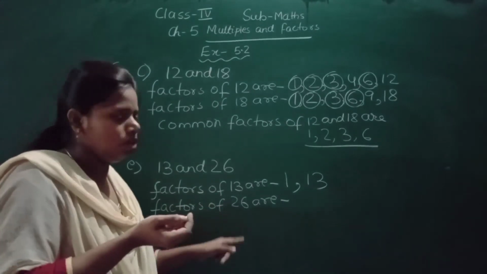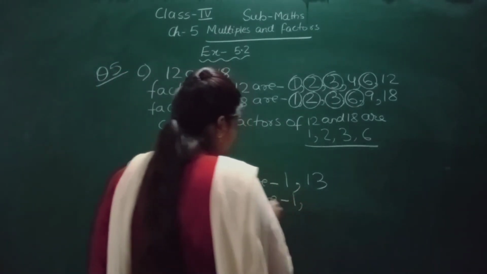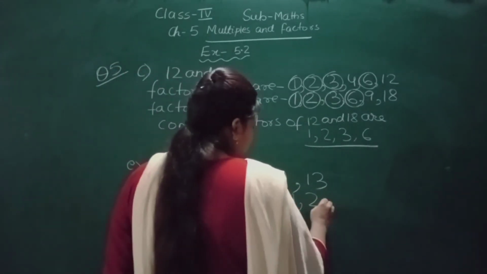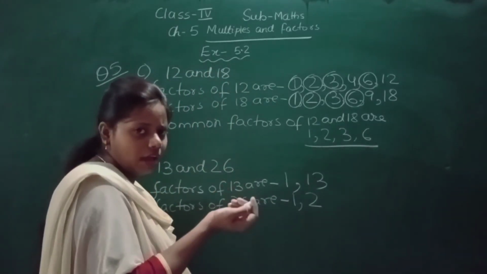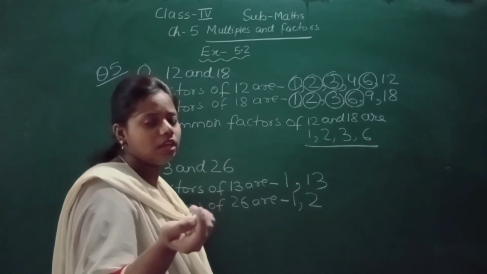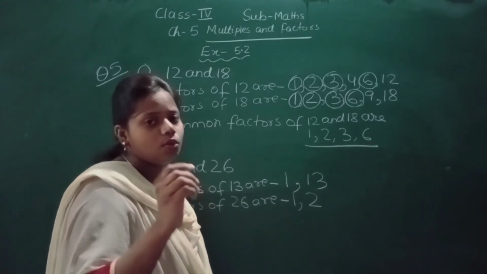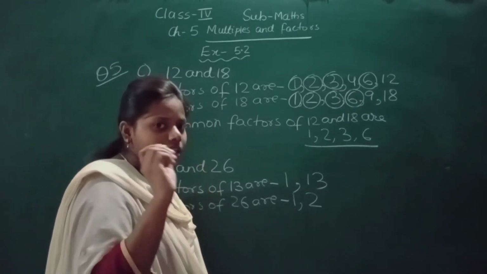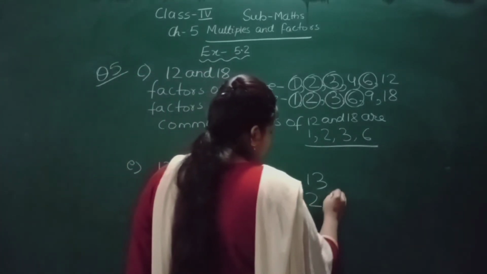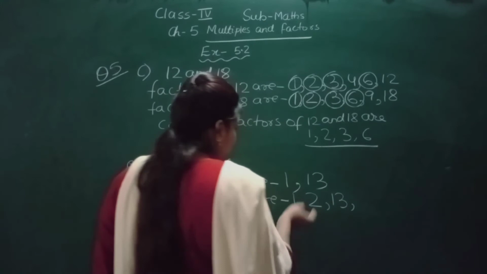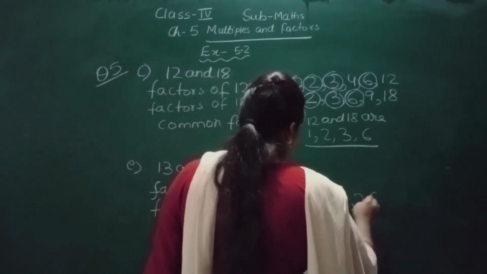Now factors of 26 are, it will come in the table of 1, it will come in the table of 2 also. It will not come in 3, and also not in 4, 5, 6, 7, 8, 9, 10, 11, 12. In 13 it will come, 13 1s are 13, 13 2s are 26. It will come in the 13 table and in its own table, 26.